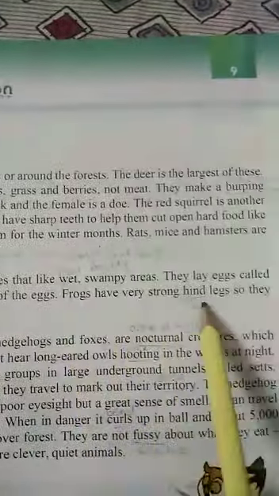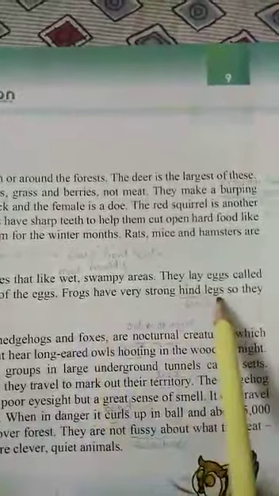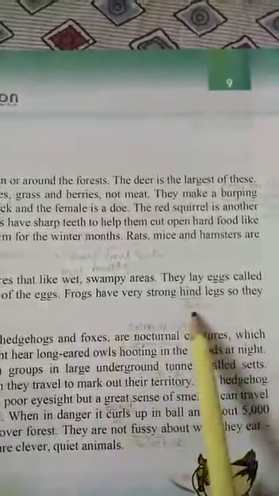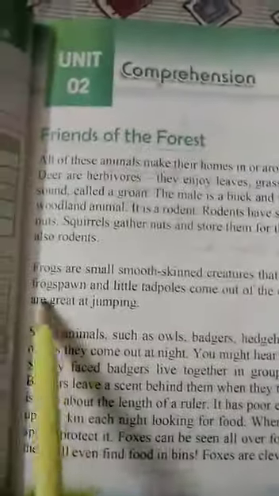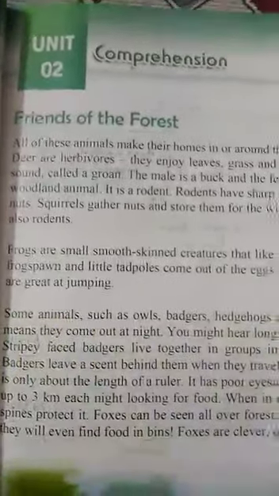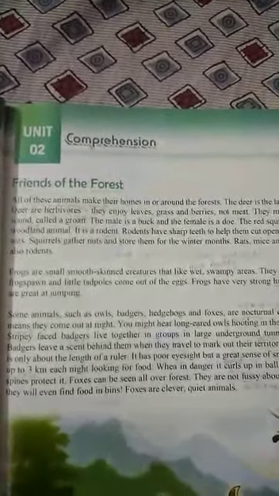Frogs have very strong hind legs. Hind legs means back legs. So they are great at jumping. You might have experienced a frog while it jumps. They are great at jumping because they have hind legs which are very strong and huge in contrast to their front legs.